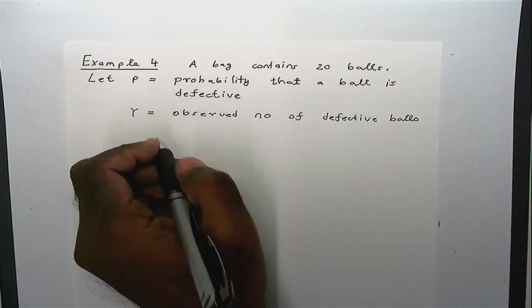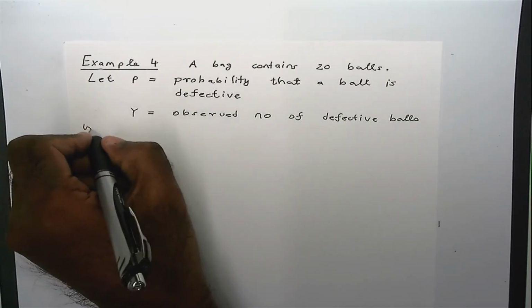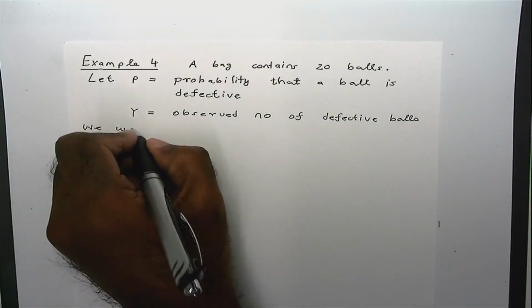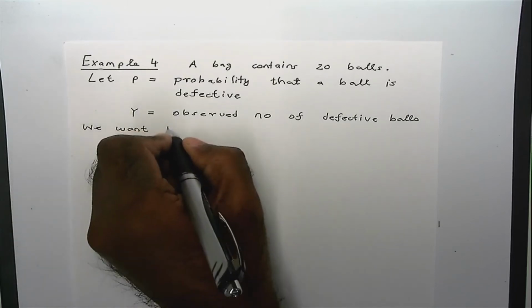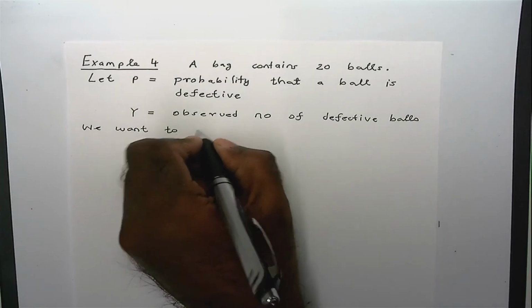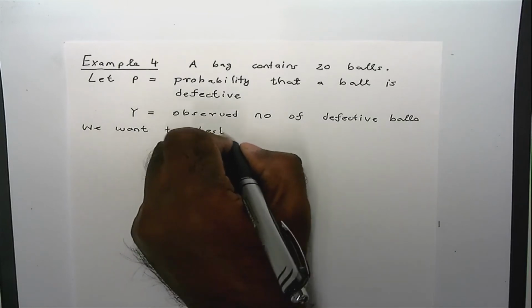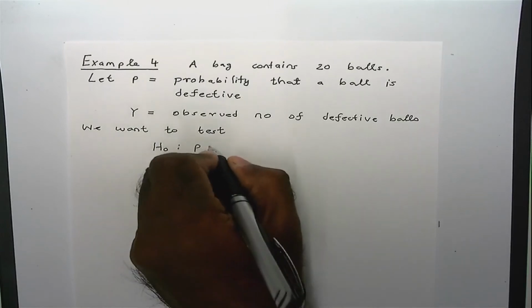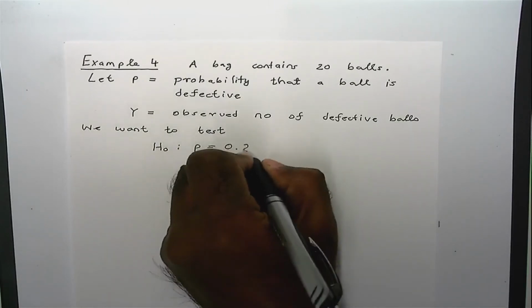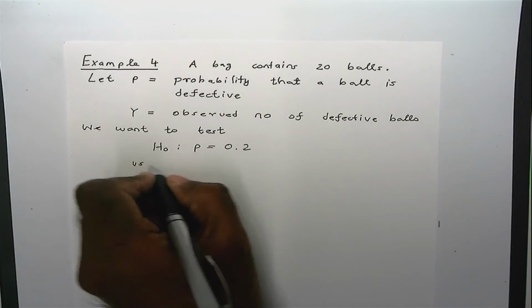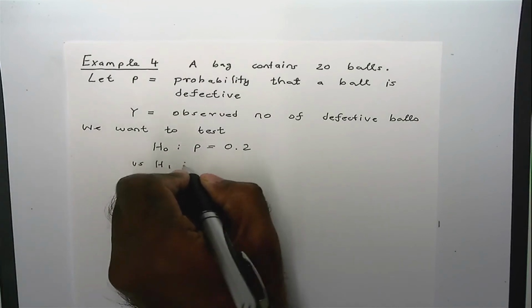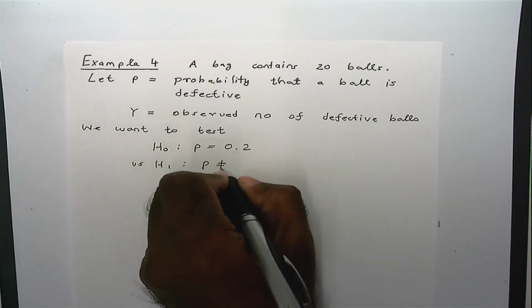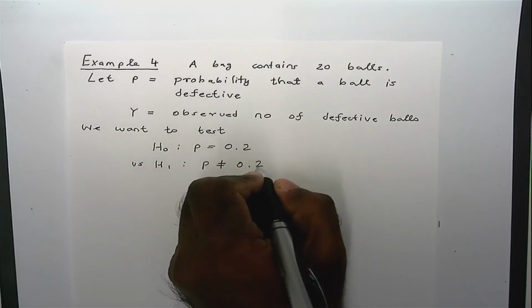And we want to test the null hypothesis that P is equal to 0.2 versus the alternative that P is not equal to 0.2.